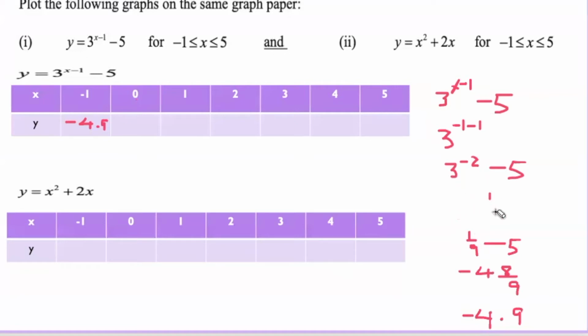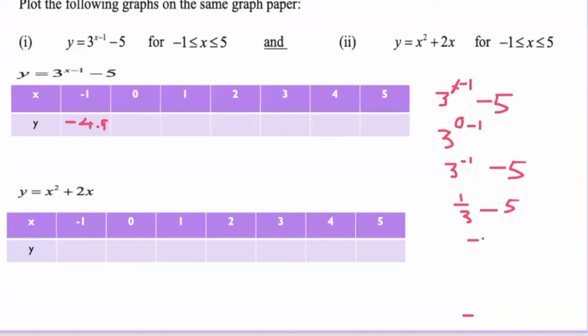When x is 0, let's do that one. So I'm going to erase this and replace x with 0. So I will have 0 minus 1, which is -1. If you have your calculator, you could work this out, or rewrite 3 to the -1 as 1 over 3, minus 5.